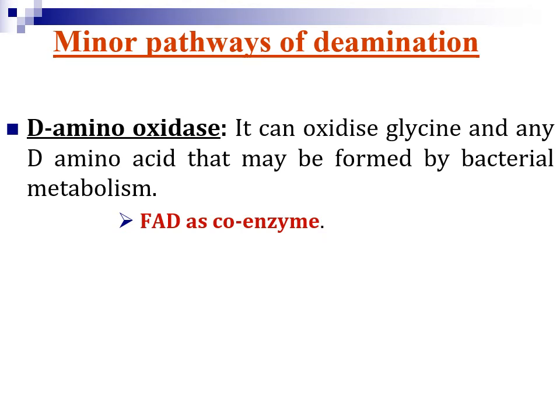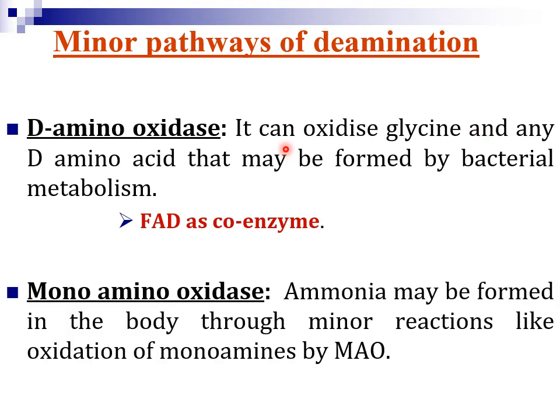Then D-amino acid oxidase can oxidize glycine and any D-amino acid that may be formed by bacterial metabolism. As we already know, all the amino acids in our body are of the L variety, and this reaction uses FAD as a coenzyme.